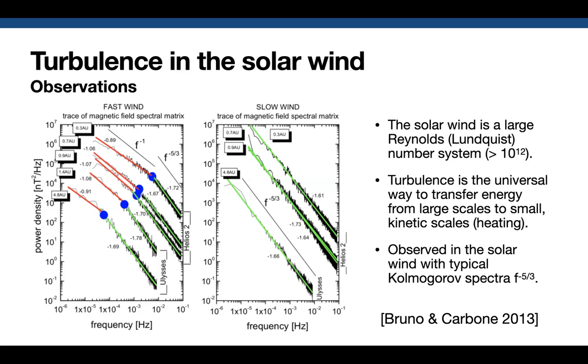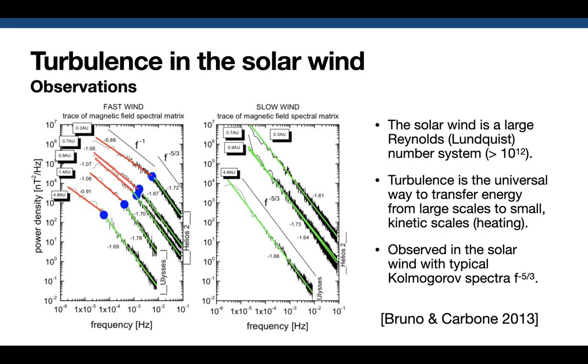For instance, here I show a very famous picture by Bruno and Carbone in 2013, where I have the spectra of the density perturbation or the magnetic field perturbation in the fast wind and in the slow wind as a function of the distance.